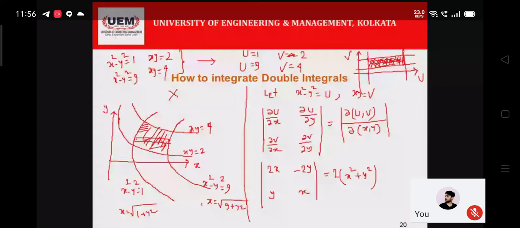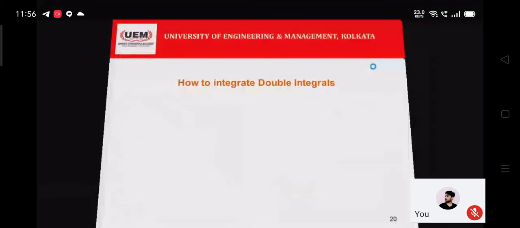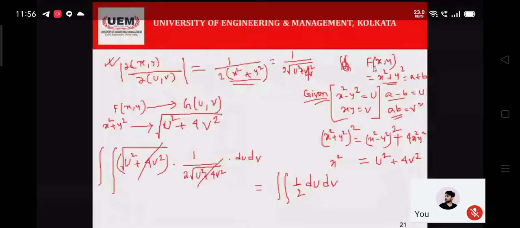So now let us use the limits here. We can write u equals 1 to 9 and v equals 2 to 4. Now you guys complete it, finish it. Both the limits are constant. You have du dv. Integrate and tell me the final value.